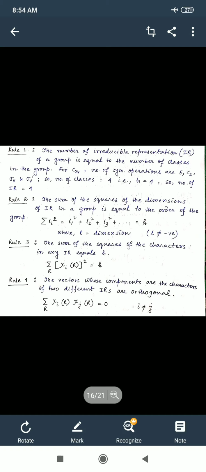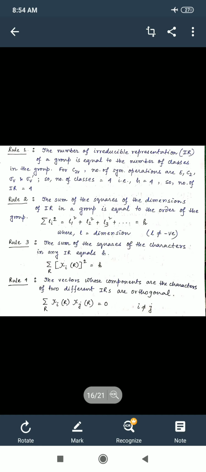So first I'm coming to rule number 1. The number of irreducible representations, for which I am writing IR, of a group is equal to the number of classes in the group.